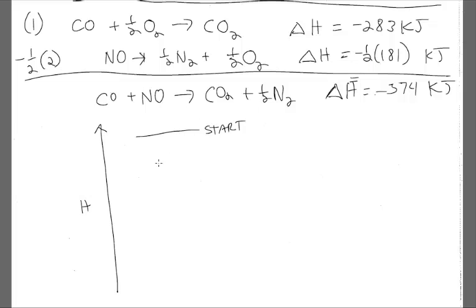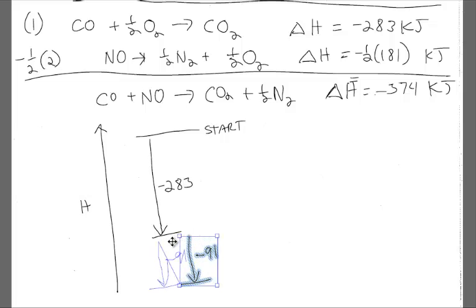We go negative 283, let's say it's this much, and negative is down. And then we go down another, this ends up being about 91. This is our end down here.